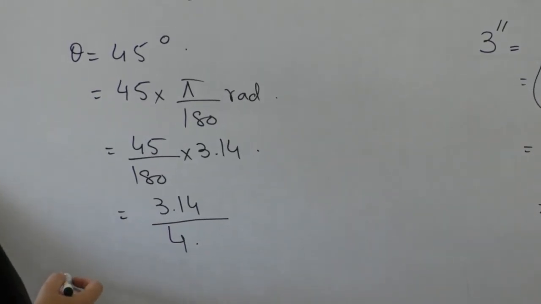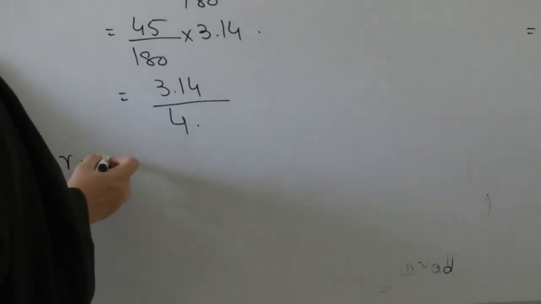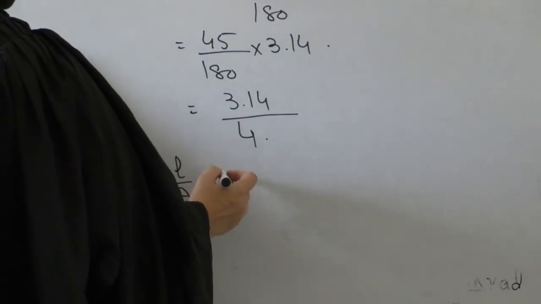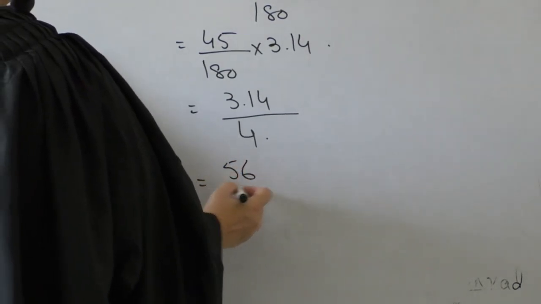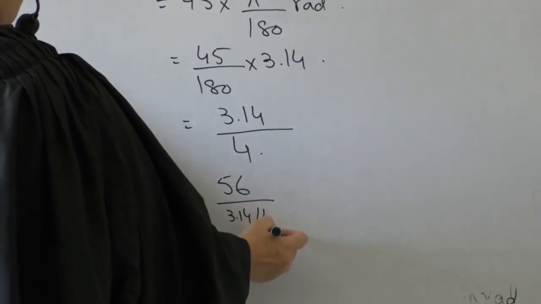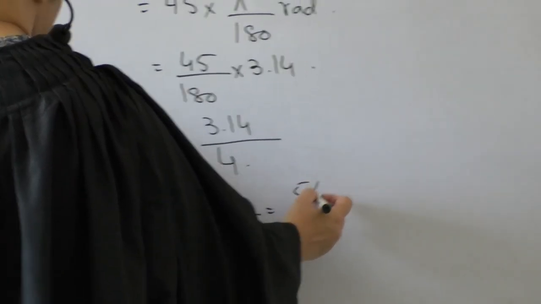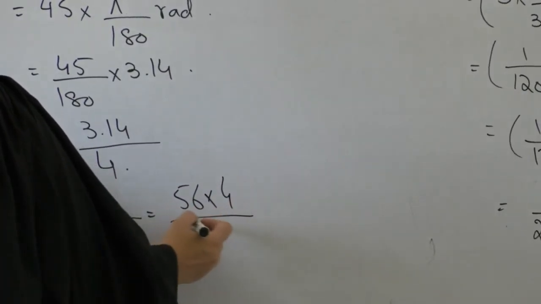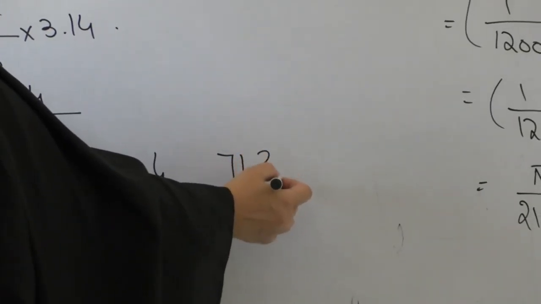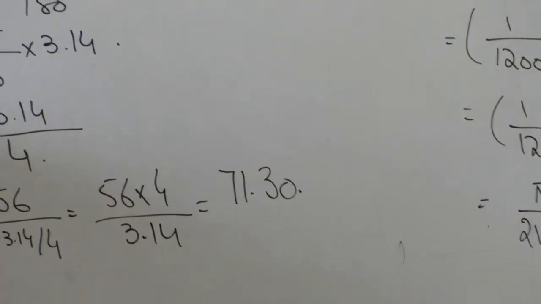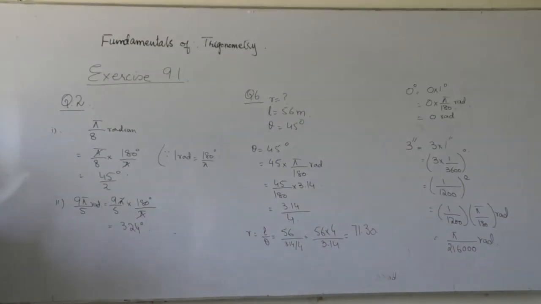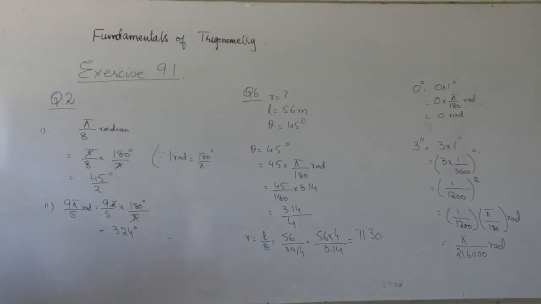So directly, in order to find out R is equal to L over theta, we just put the values. L is equal to 56, theta is equal to 3.14 divided by 4. Simplify 56 multiplied by 4 divided by 3.14. Answer is equal to 71.30. In this way, we will solve questions of L is equal to R theta.